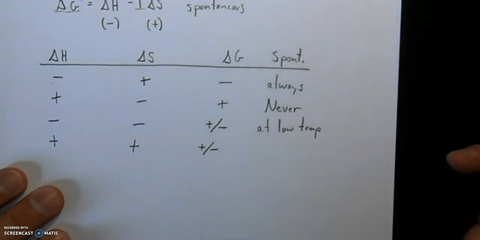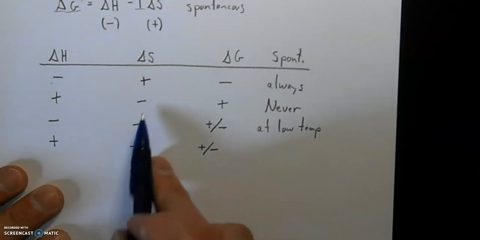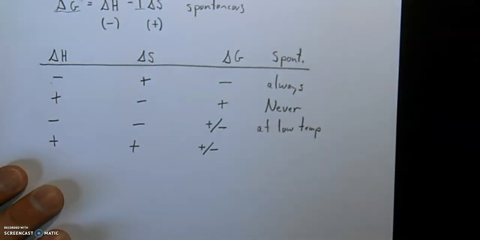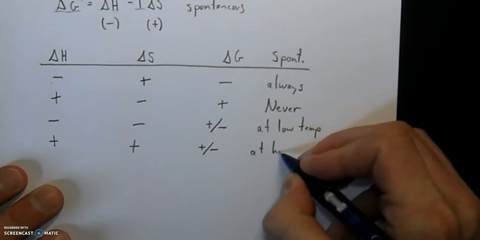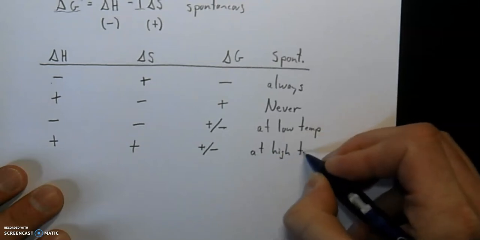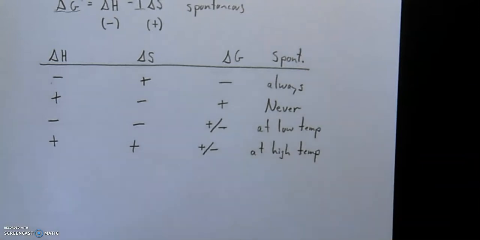And again, a relative number, there's no defined number, it just has to do with the numbers that go into delta H and delta S. So I need this to be a relatively high temperature. And you would have to look at the specific math conditions in which that would provide for a spontaneous reaction.